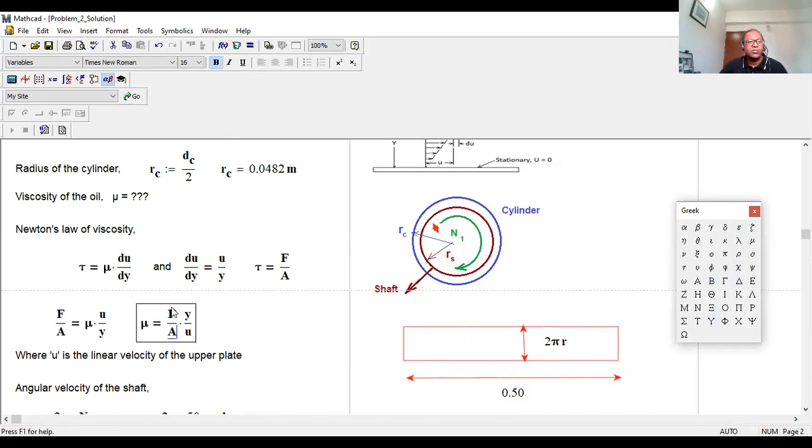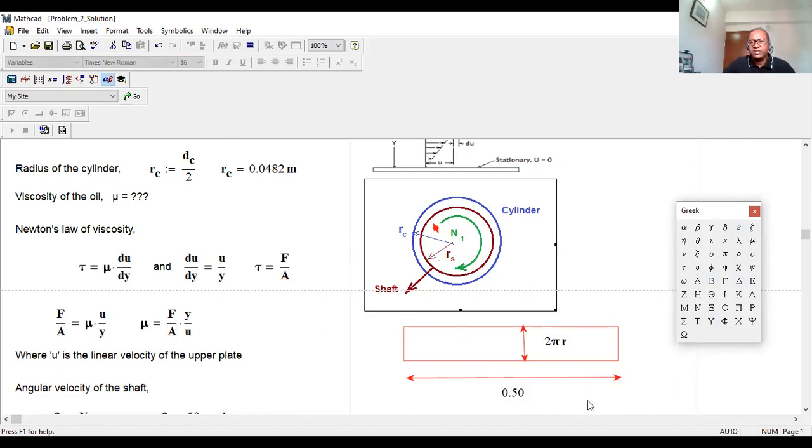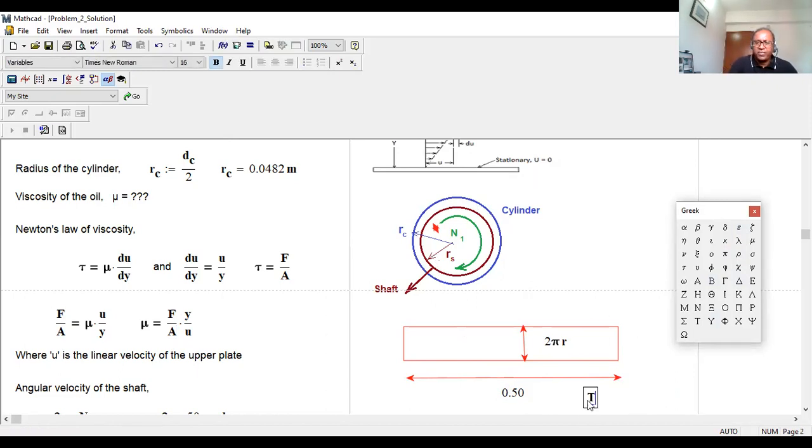Now, how will we get the F? The torque is 1 Newton meter. So we know that torque T equal to force into distance. What is the distance out here?